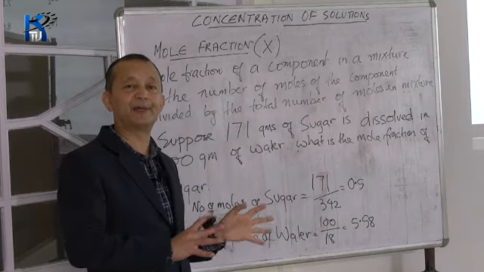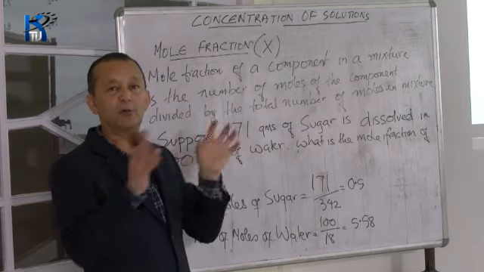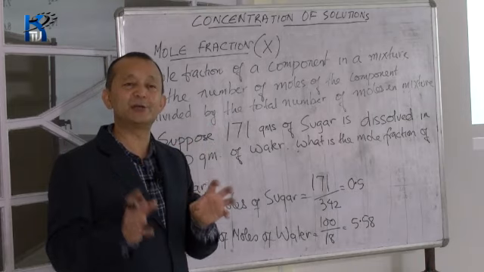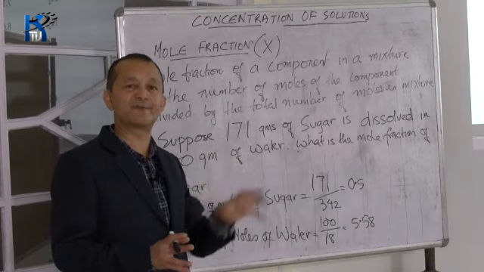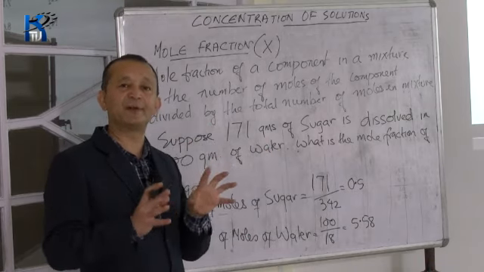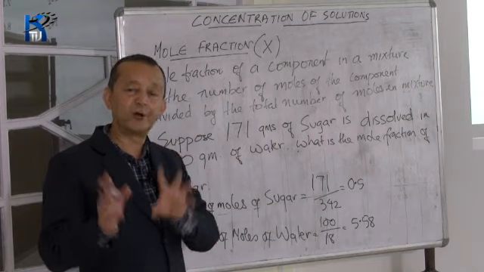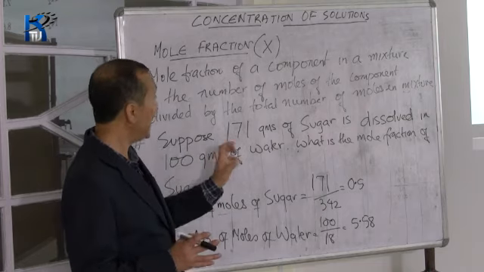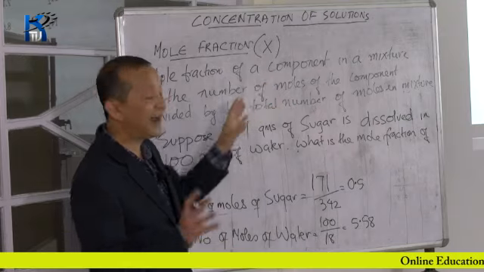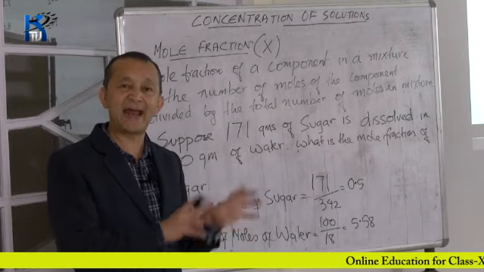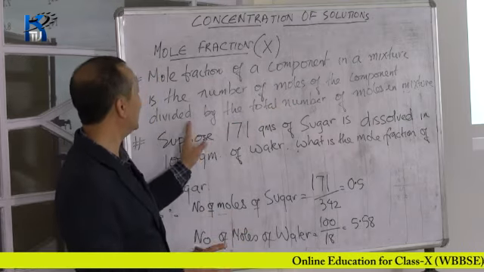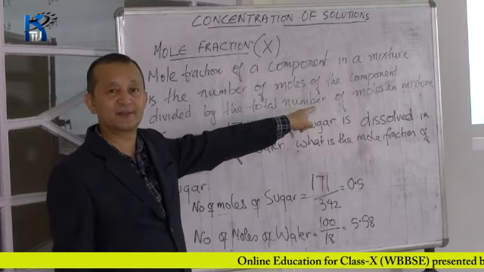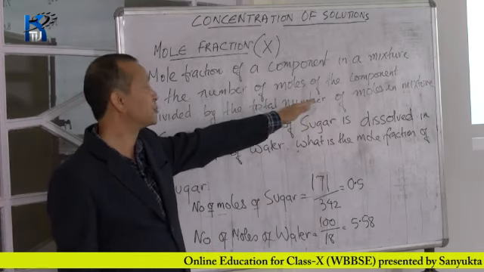Supposing there are two components, say sugar and water, first you need to find the number of moles of sugar present and the number of moles of water present. Then when you add them, you get the total number of moles.